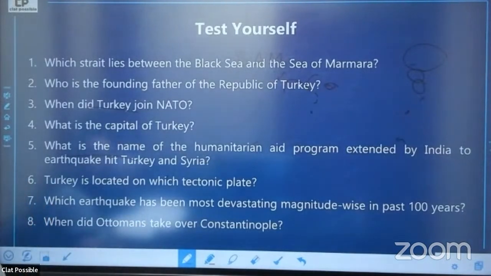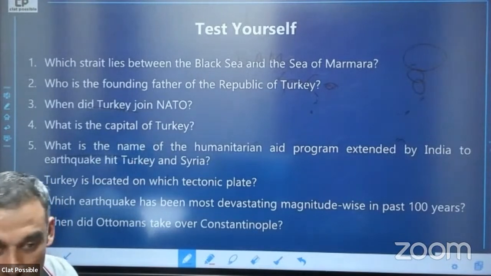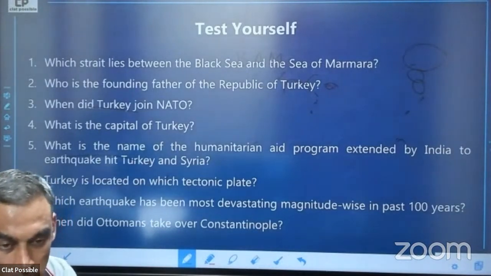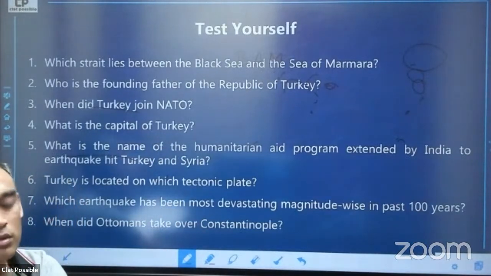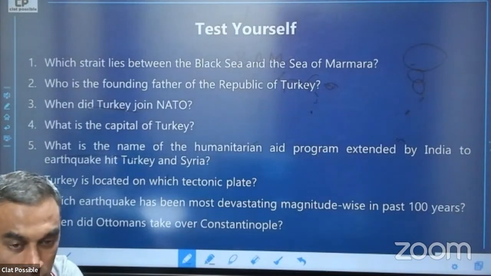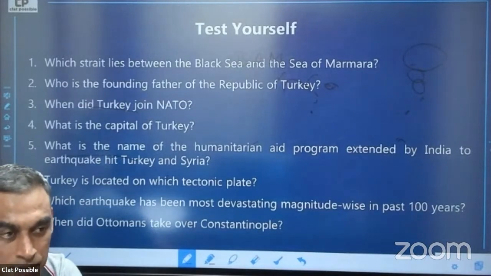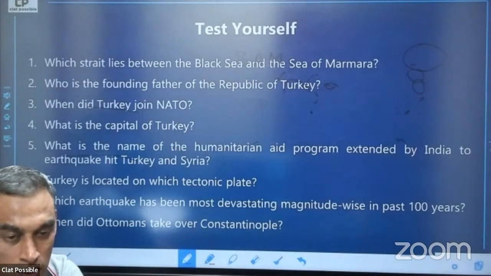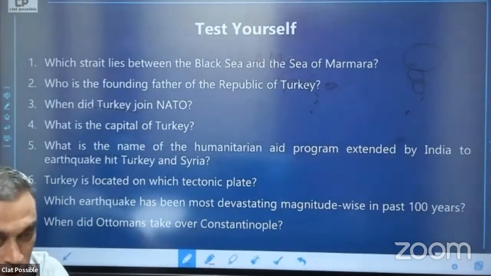The third one. When did Turkey join NATO? What was the year? Turkey joined NATO. Which year? Yeah, absolutely. What is NATO? North Atlantic Treaty Organization.